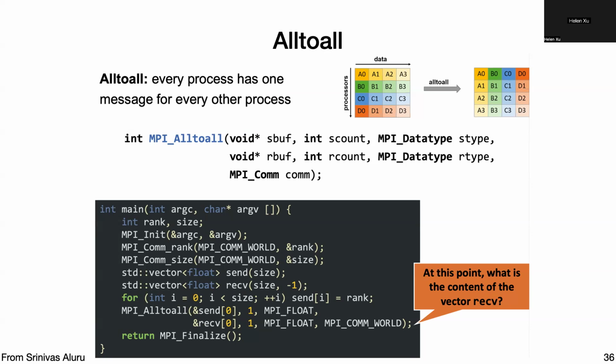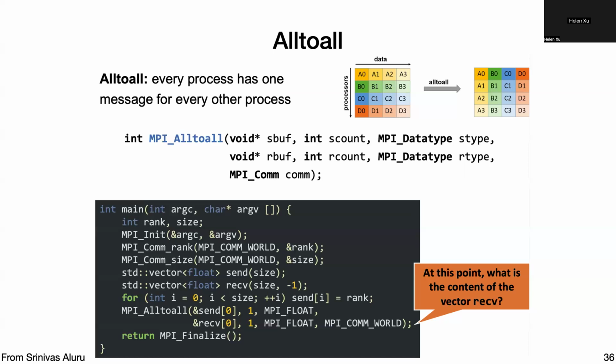And then we're going to all-to-all one element at a time. Here we initialize the send buffer for i from 0 up to size, and we set the rank into that.